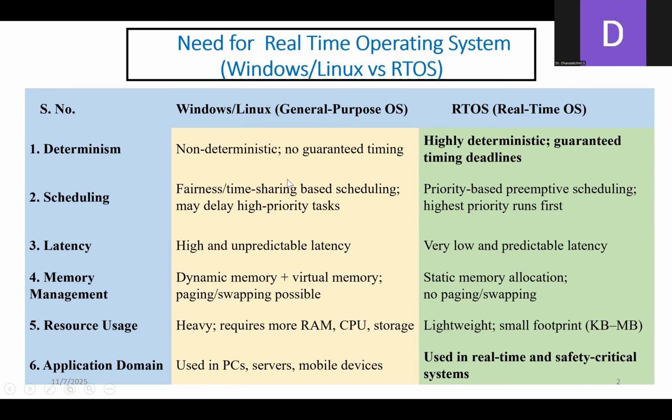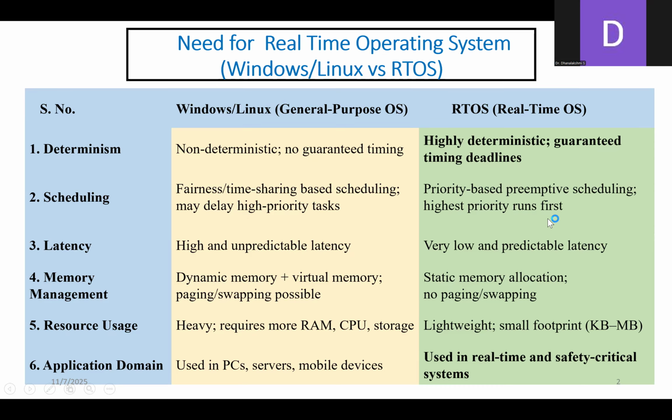When coming to scheduling, in general purpose OS, fairness and time-sharing based scheduling is there, which leads to delay of the higher priority task. Whereas in an RTOS, it's priority-based preemptive scheduling, which means the highest priority runs first.